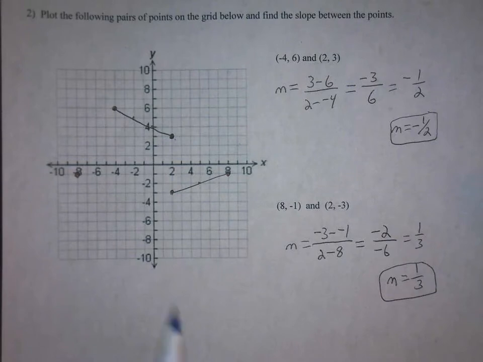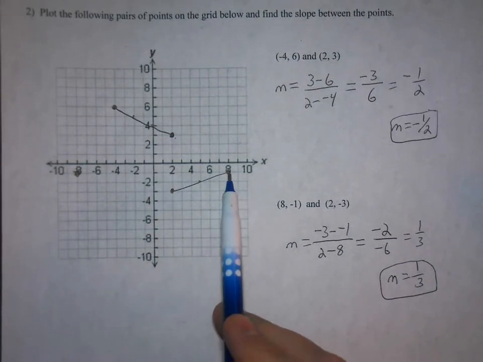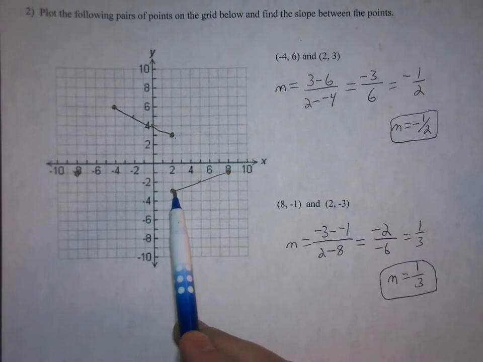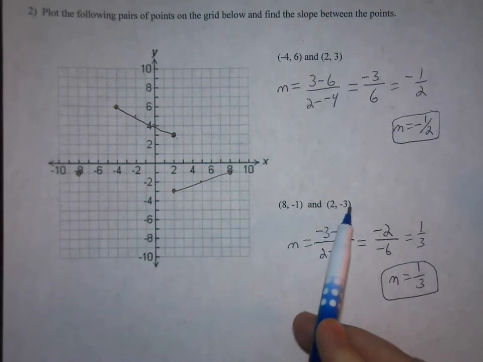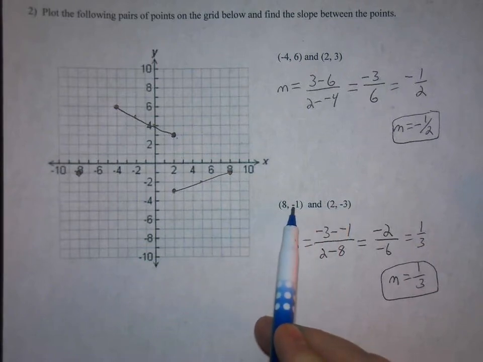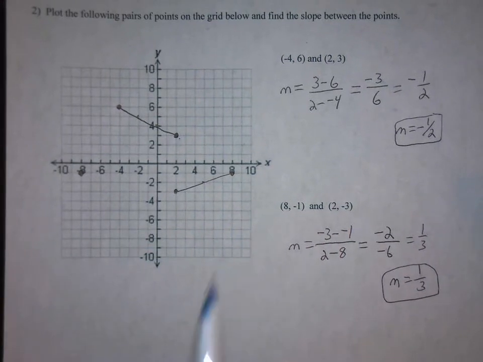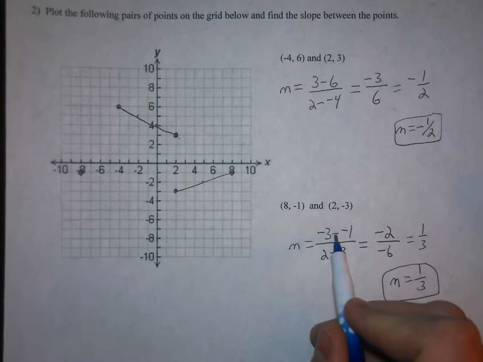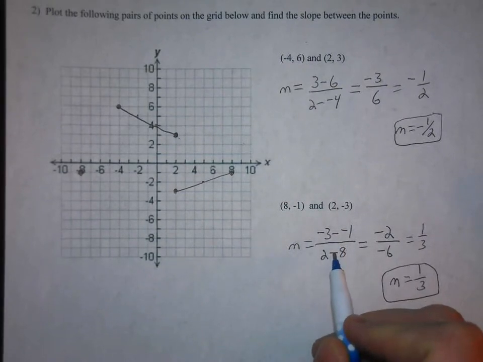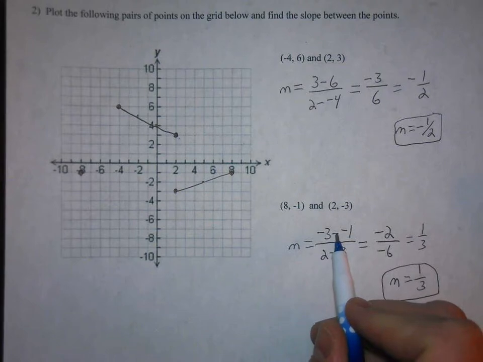And then the last pair of points, (8, -1), so this point here, and (2, -3). If we do y2 minus y1, so negative 3 subtract negative 1. And this is where you have to be careful with your signs. We're always subtracting y values in the numerator and x values in the denominator, so you have to be careful of the signs.